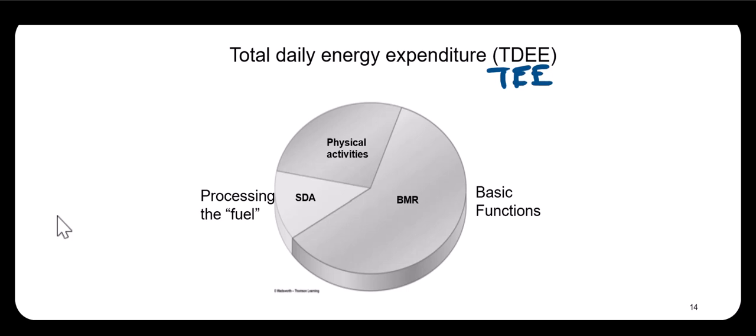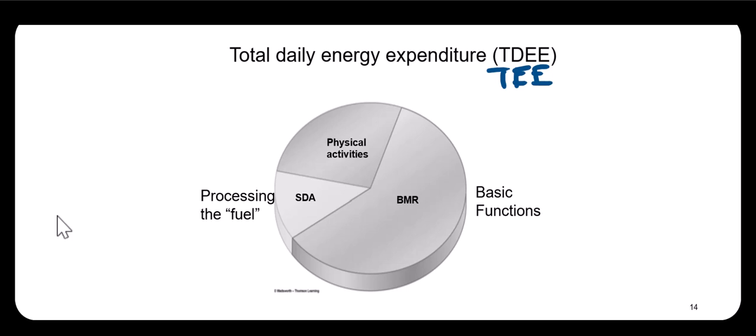Some of it, like we said, roughly 10%, goes to processing your fuel. The rest goes to physical activities. So when you add all of that up, your BMR, your cost of processing your fuel, and the energy needed for your physical activities, you're going to get your total energy expenditure.